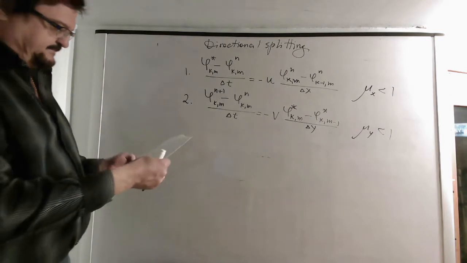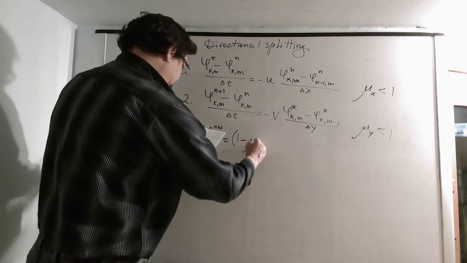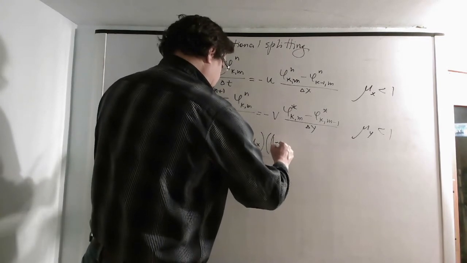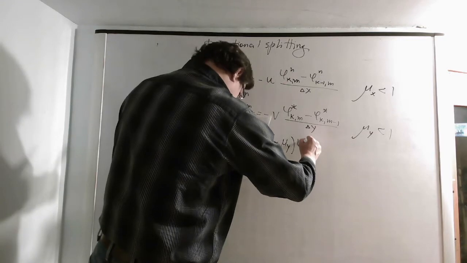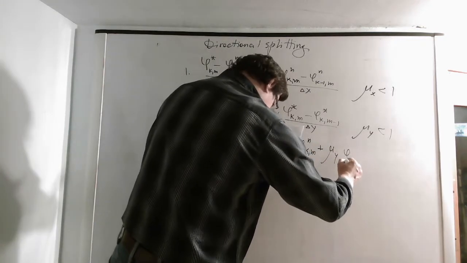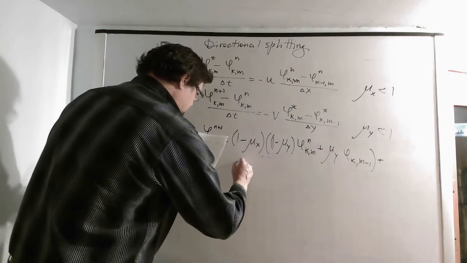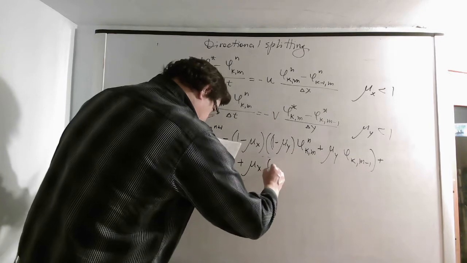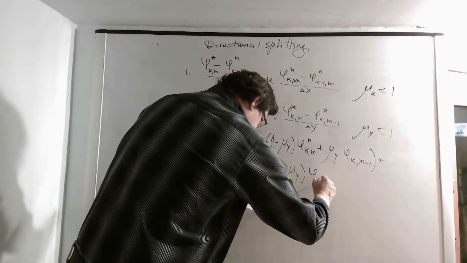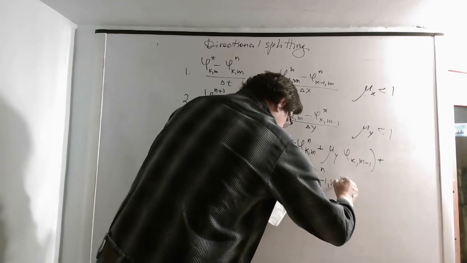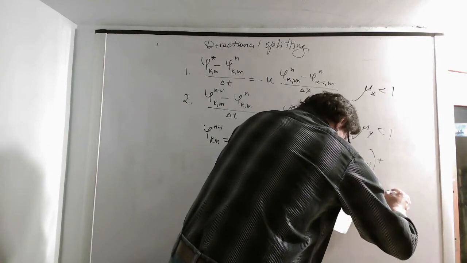And it is written like the following: phi k m n plus 1 equals 1 minus mu x, 1 minus mu y, phi k m n, plus mu y phi k m minus 1, plus mu x, 1 minus mu y, phi k minus 1 m, plus mu y phi k minus 1 m minus 1.